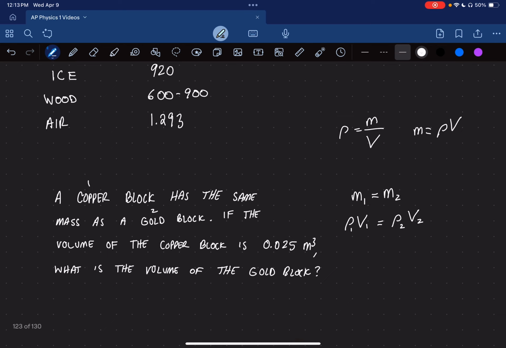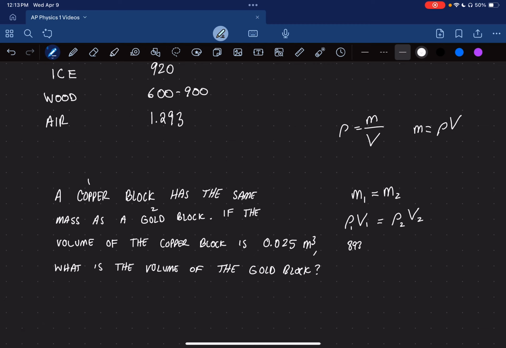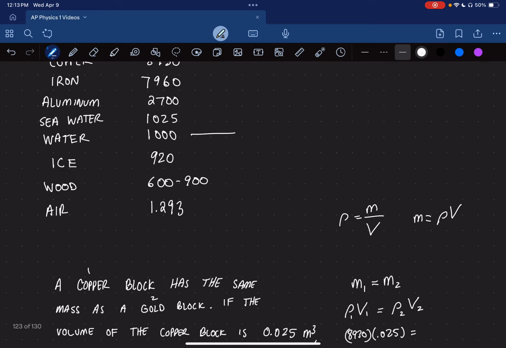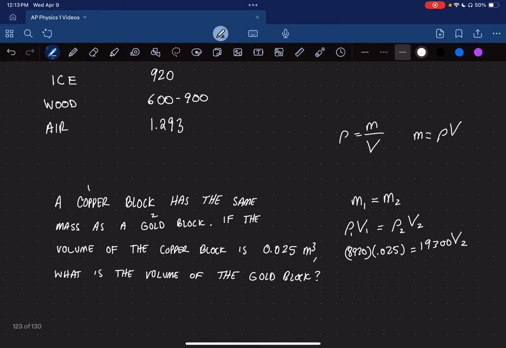And now we'll just write in some numbers here. So copper is 8930. The volume is 0.025. Density of gold is 19300. And we don't know the volume of the gold. So we'll just multiply and divide to find the volume of the gold.